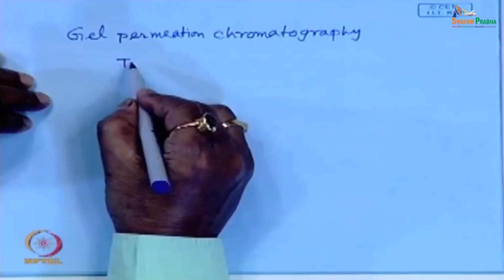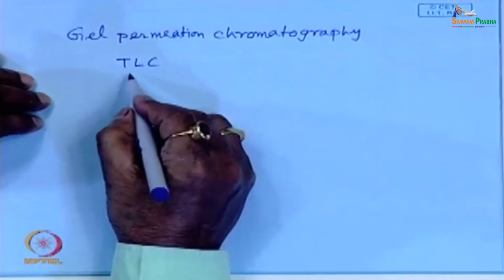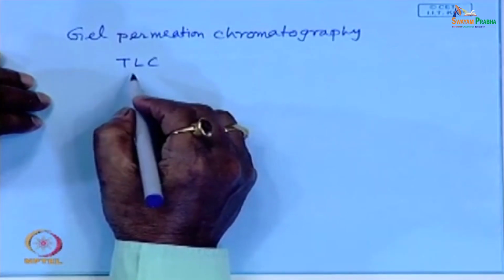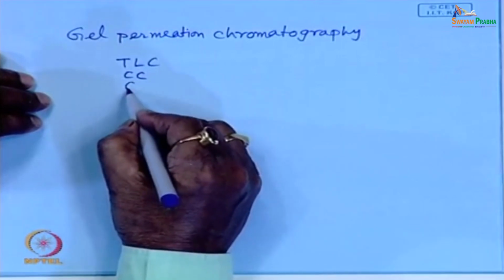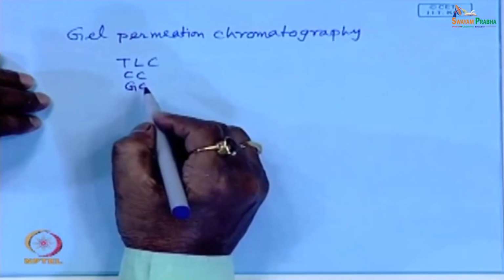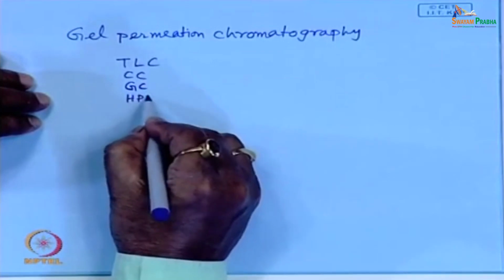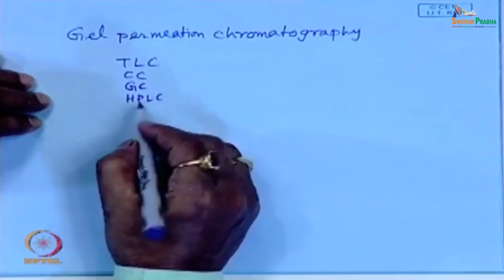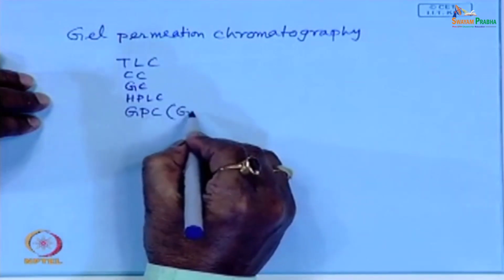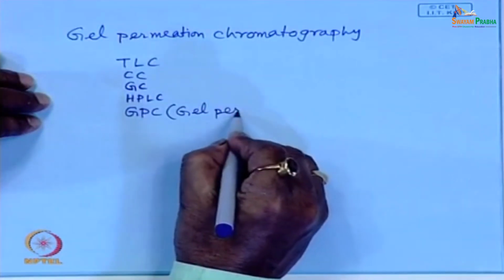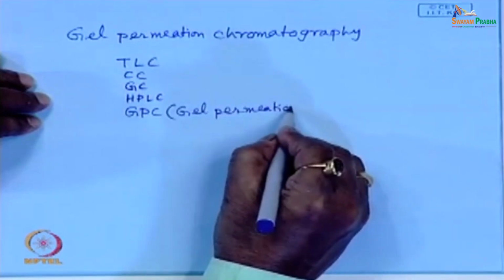There are various techniques in chromatography: thin layer chromatography, TLC, column chromatography, gas chromatography, high pressure liquid chromatography, and GPC. GPC is gel permeation chromatography.